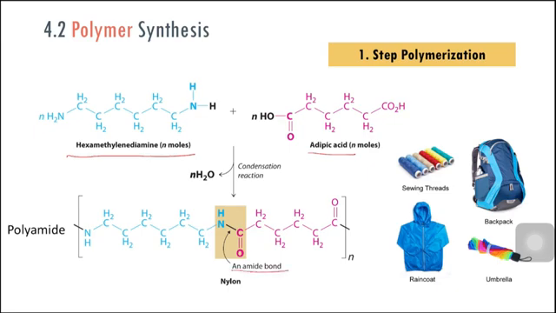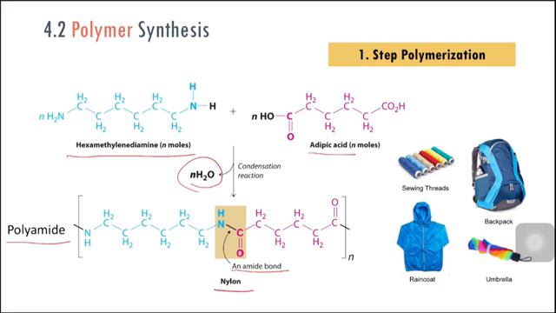During the chemical reaction, it eliminates a small amount of water. The reaction of hexamethylene diamine and adipic acid forms the polymer named polyamide, and its trade name in the commercial industry is nylon.